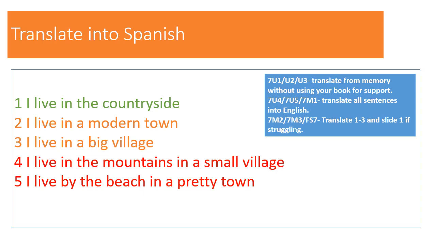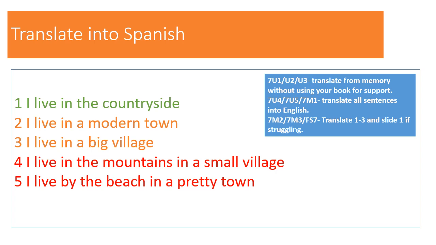So, for example, if you're in 7 or before, you could challenge yourself by going for the first option. You might want to think, right, I can translate all the sentences from memory, and I can translate them without using my book for support. Feel free to move one up to the different instruction, but try not to go the one below your group.